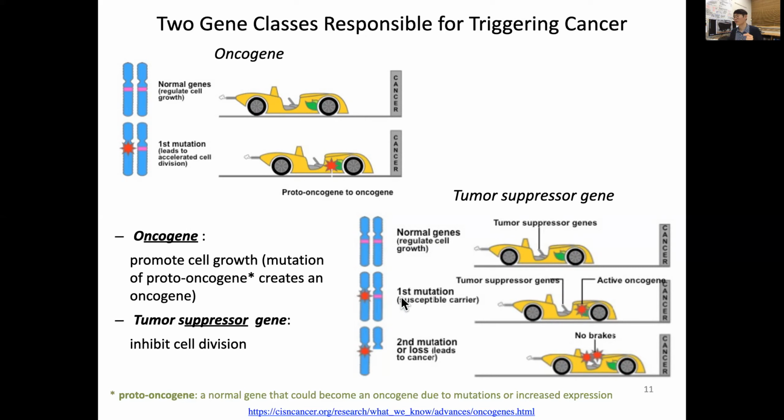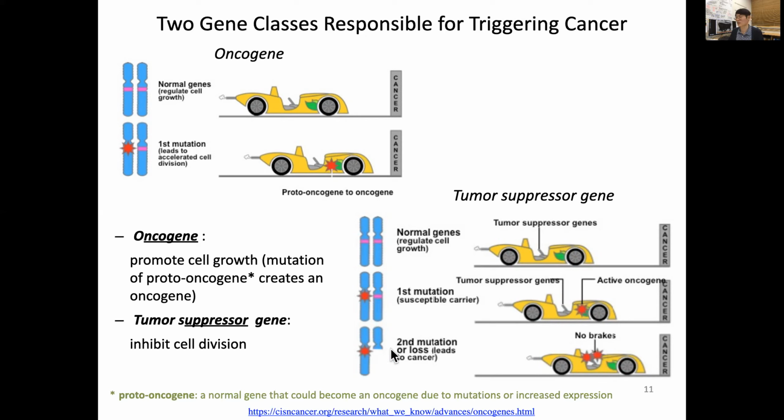So with one hit, the car is still okay because it still has a brake. But what if the remaining part of the tumor suppressor gene also undergoes a second mutation, which we call two hit? Then there's no brake, so cell proliferation keeps going, forming a tumor or leading to cancer.